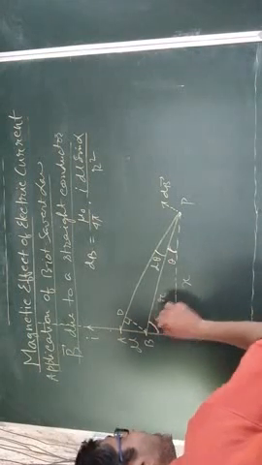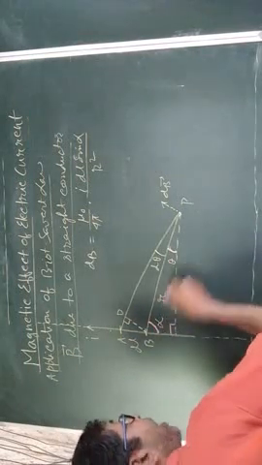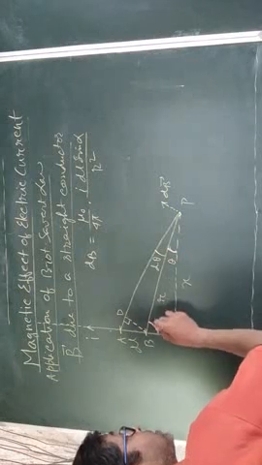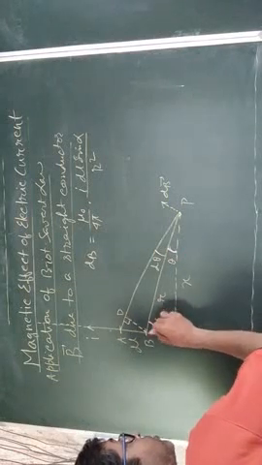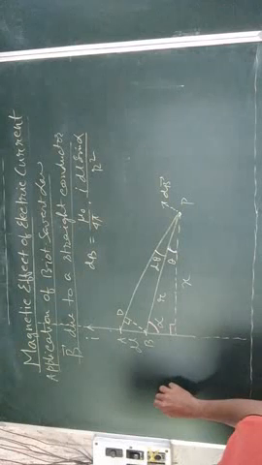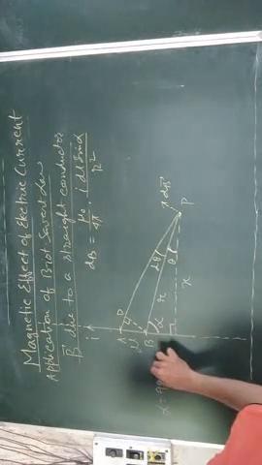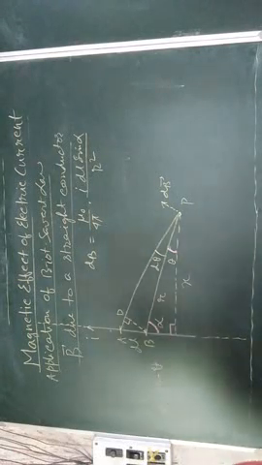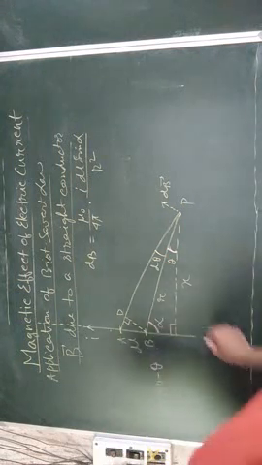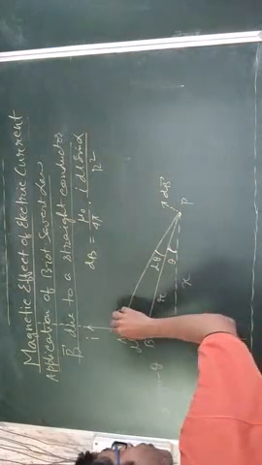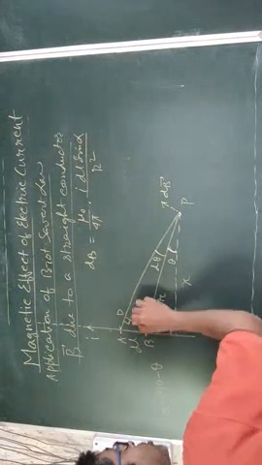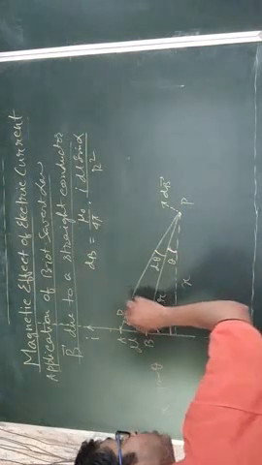So this angle, obviously 90 minus theta. So alpha is equal to 90 minus theta. Now since these two points are extremely close, so these two points are also extremely close.